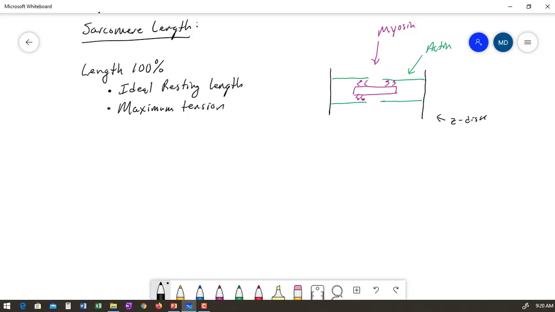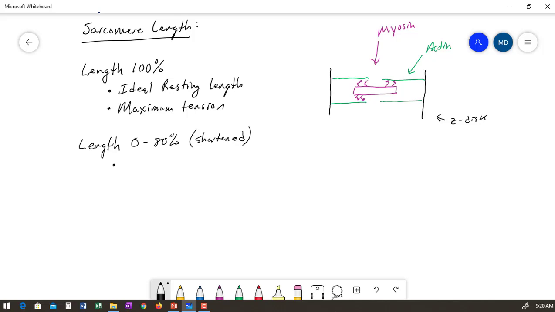All right, the next type of length is the length of the sarcomere when it's between 0 to 80% of its normal length. In other words, this is a shortening phase, so it's been shortened here. Here there are some problems with the overlapping, so we're going to lose strength.